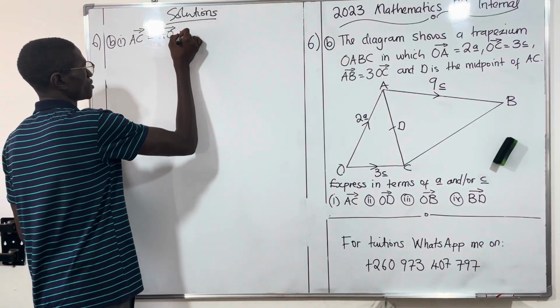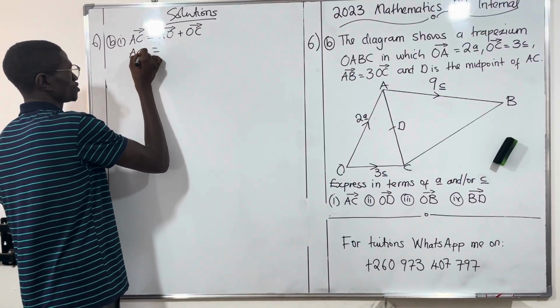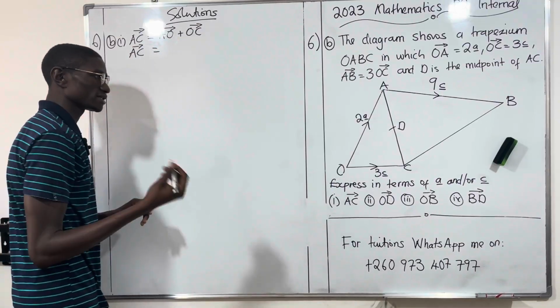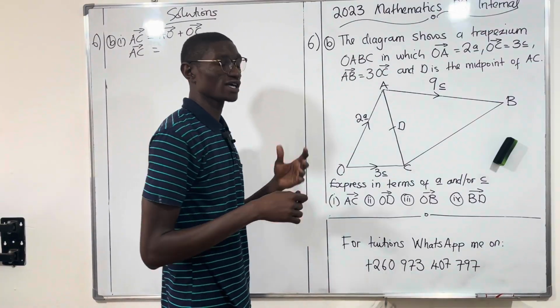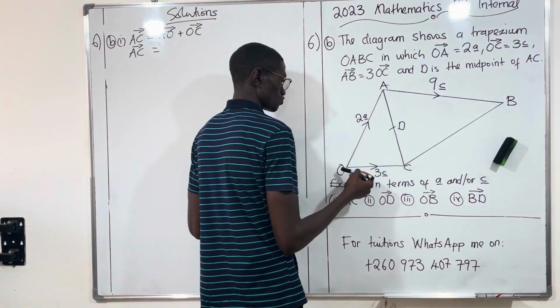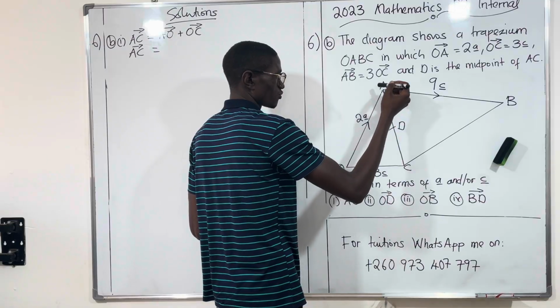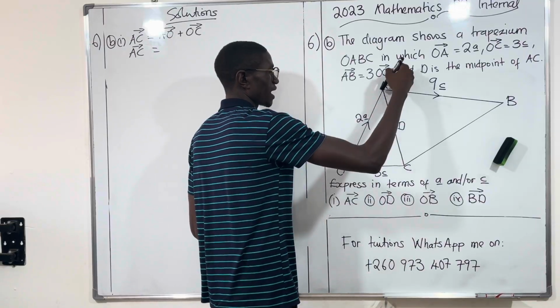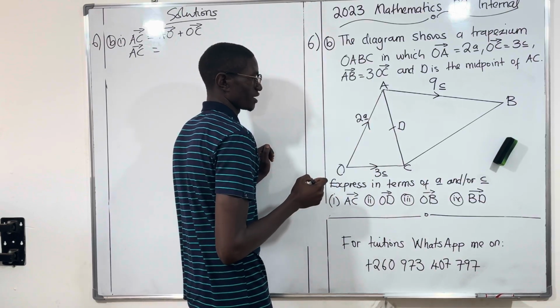Another thing you need to take note of in vectors is the direction of the vector. When you're going against the direction of the vector, the value for that vector changes to a negative. So like in this case, if you're moving from A to O, you can clearly see that the direction of the vector is in this direction. So when you're moving from A to O, you are going against the direction. Therefore, this will change to negative A.